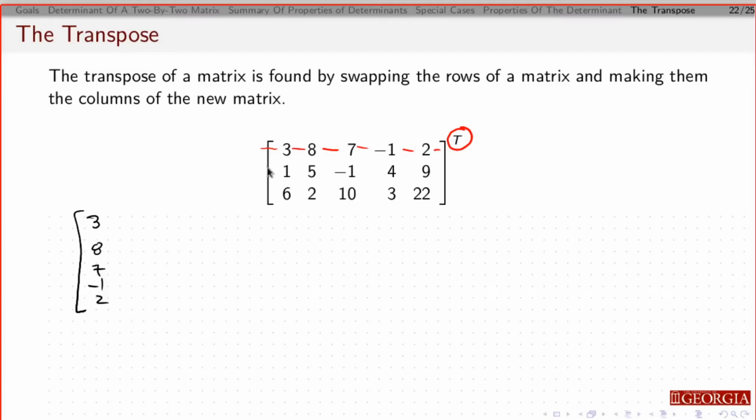And then the second row will be the second row, or sorry, second column. Careful, that's a -1 of the new matrix. And then the third row will be the third column of this matrix.